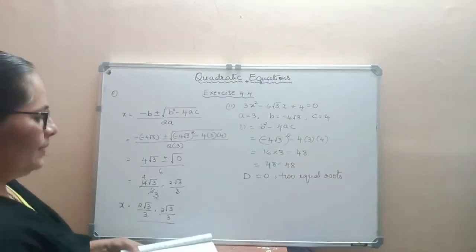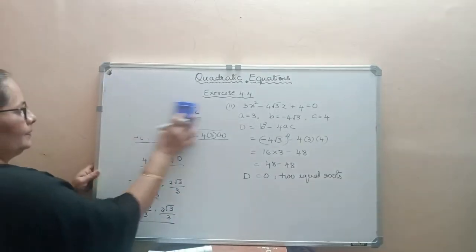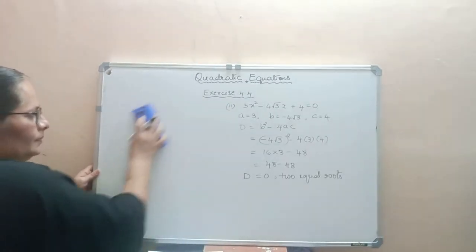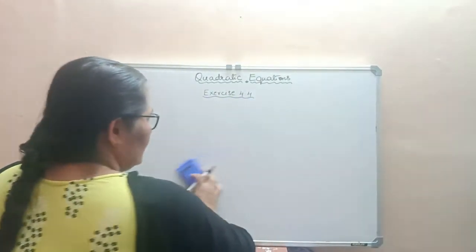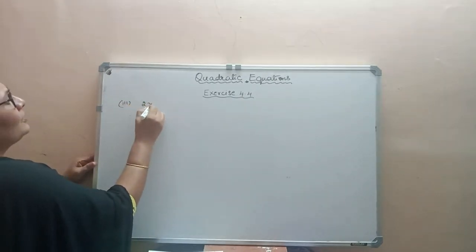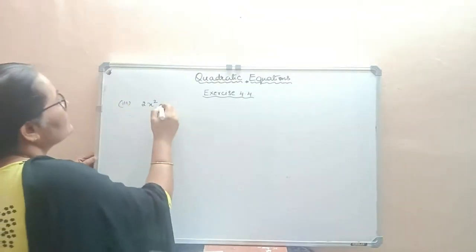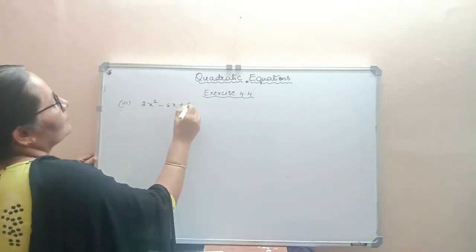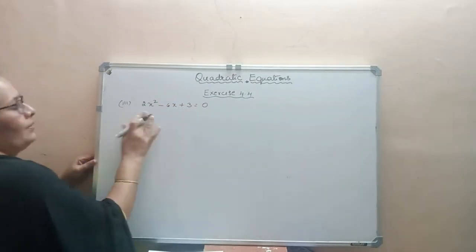Let's solve one more sum. Third one, 2x square minus 6x plus 3 equals 0.